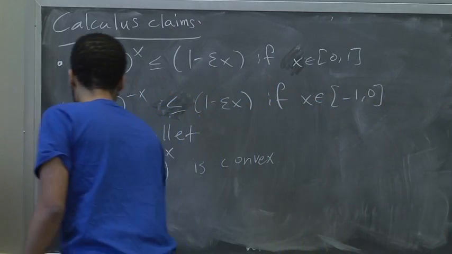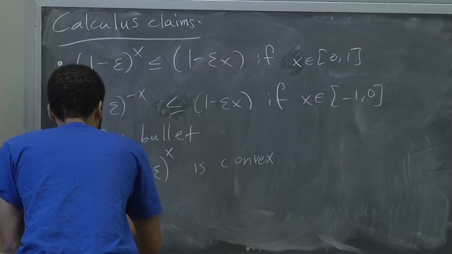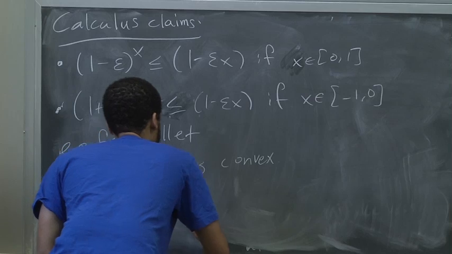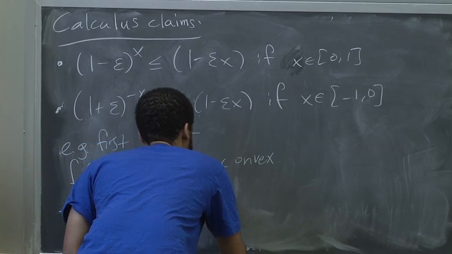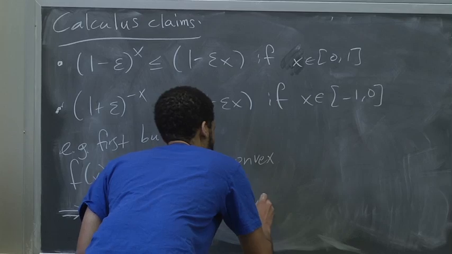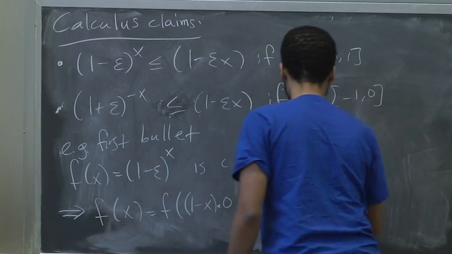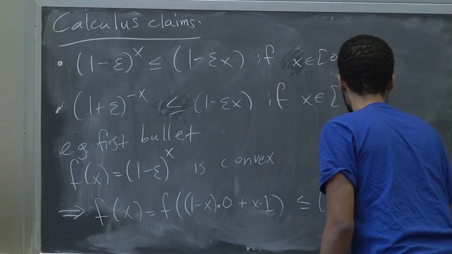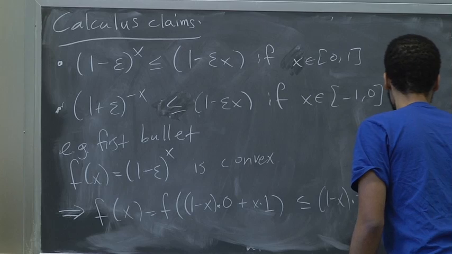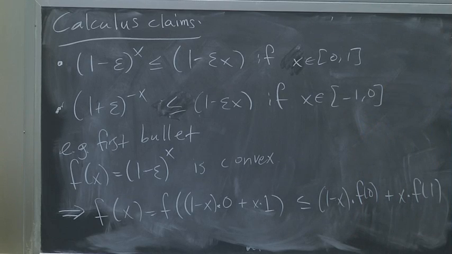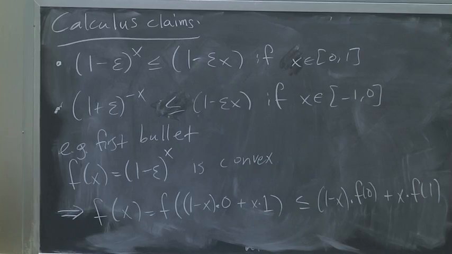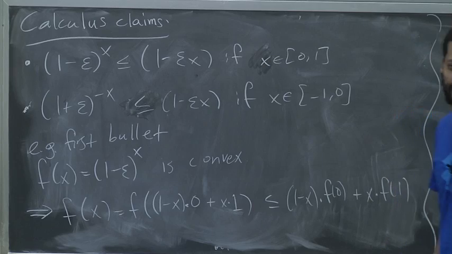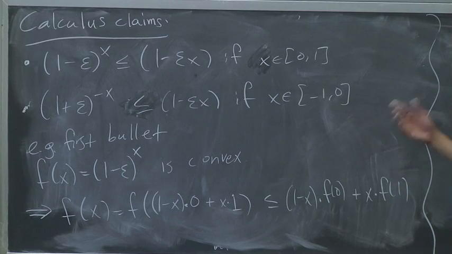So that implies that f of x, which is f of (1 minus x) times 0 plus x times 1, should be at most (1 minus x) times f of 0 plus x times f of 1. That's what it means to be a convex function. And then that's exactly that. So you can verify these things.